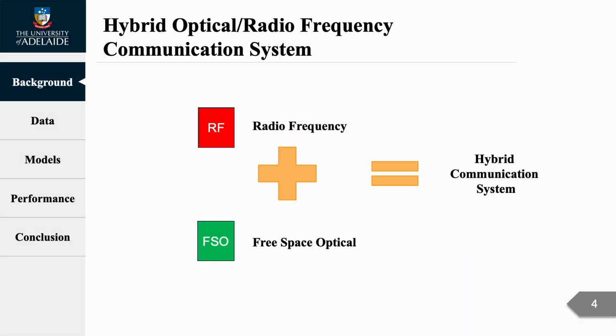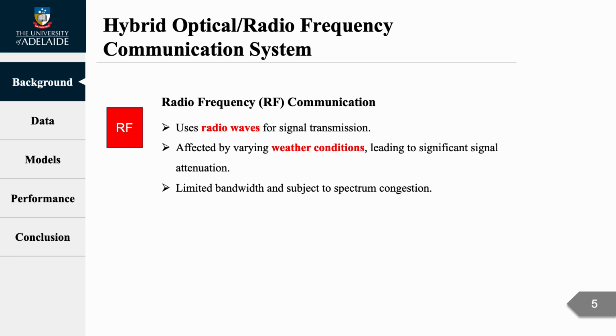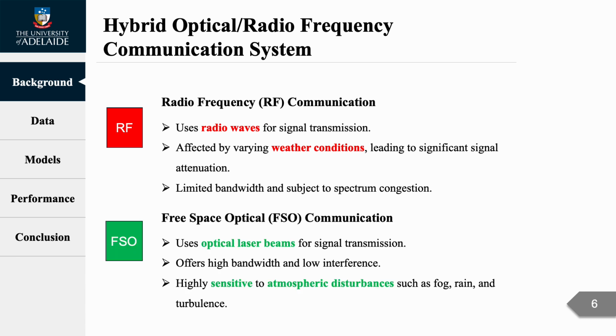First, I'd like to introduce the title of my project. As the name implies, it combines two wireless communication channels, radio frequency and free space optical. In the early stages, radio frequency transmission, which uses radio waves, was the predominant method.